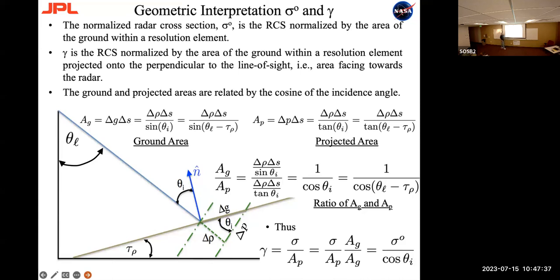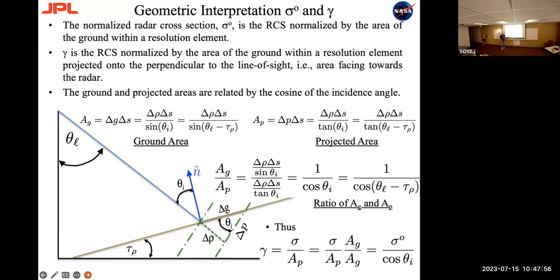Well, that should be the size of the range resolution element. And how much area that represents on the ground will depend upon the local incidence angle. And so the formulas relating this area on the ground and the incidence angle are given by these formulas.